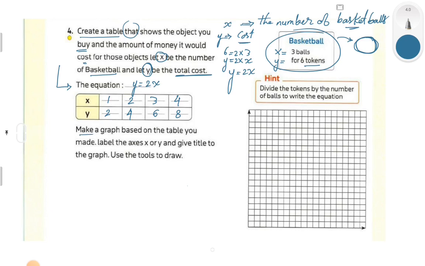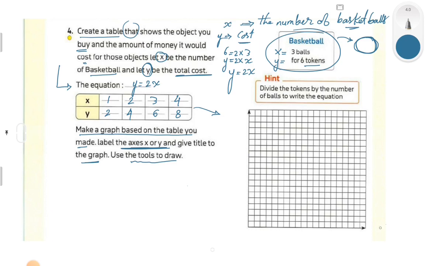Now, make a graph of the table you made. I will convert this table to a graph in this coordinate plane. I will put this table data on it. Now label axis y and axis x and give a title to the graph. Use the tools to draw. Note with me how to solve. It's easy.